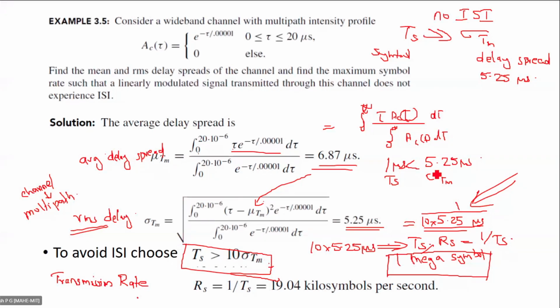We cannot simply decide that, okay, let the communication system transmit at 1 megasymbol, or let the system transmit at 1 kbps, etc. So we have to take some parameters, and then after considering these parameters, we have to decide what should be the transmission rate. Okay, now does it make sense then, why we are using this average delay spread, RMS delay spread, etc.?